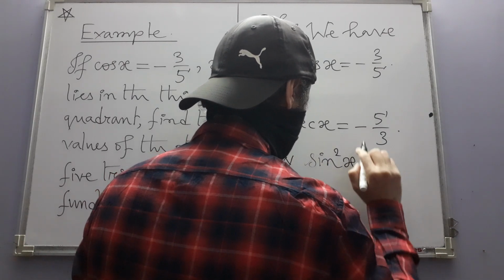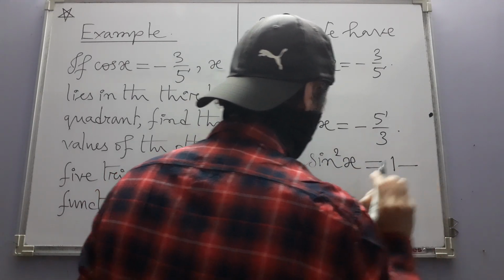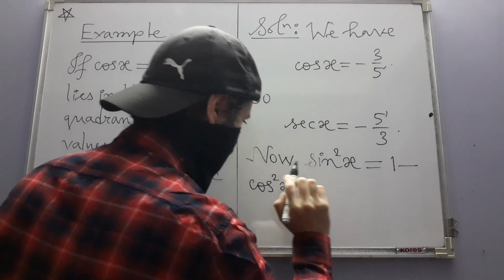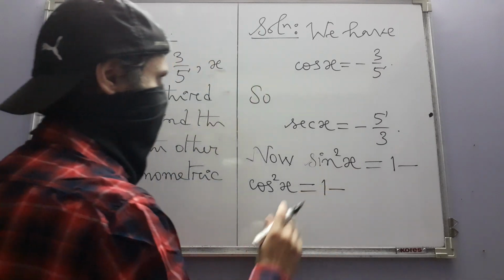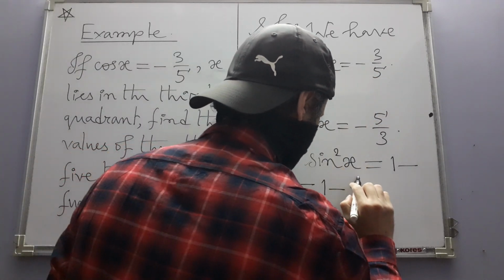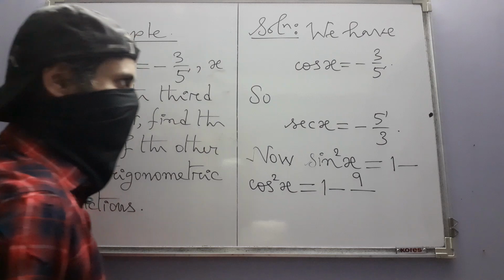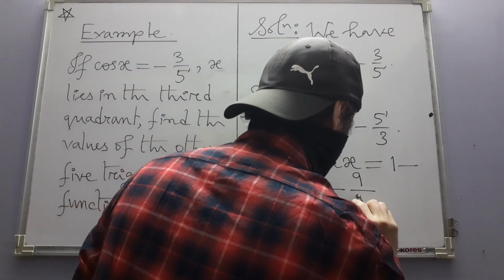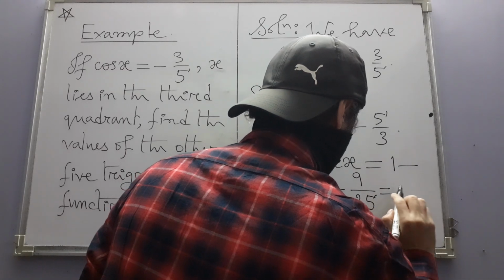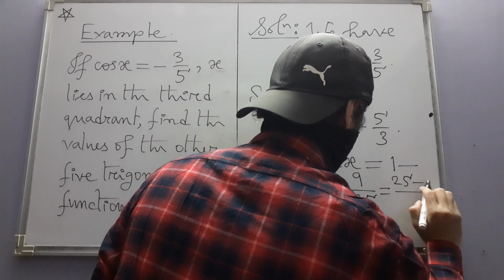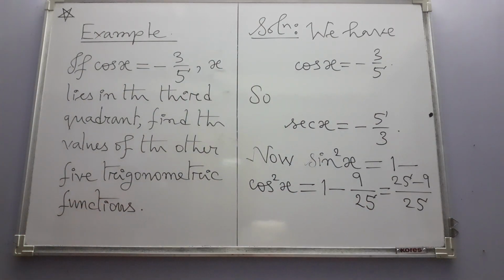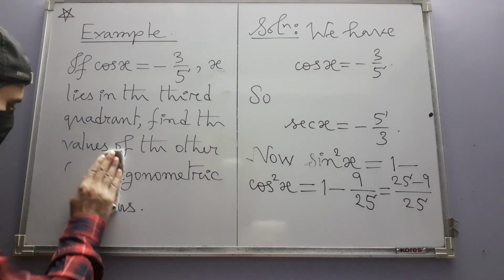Sin square x is 1 minus cos square x, which equals 1 minus, if you square this, you are going to get plus 9 divided by 25. This minus of course was already there. So this becomes 25 minus 9 over 25, and that is 16 over 25.